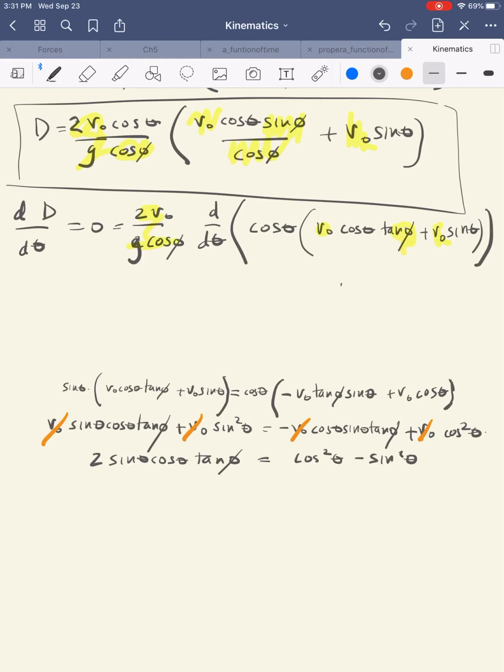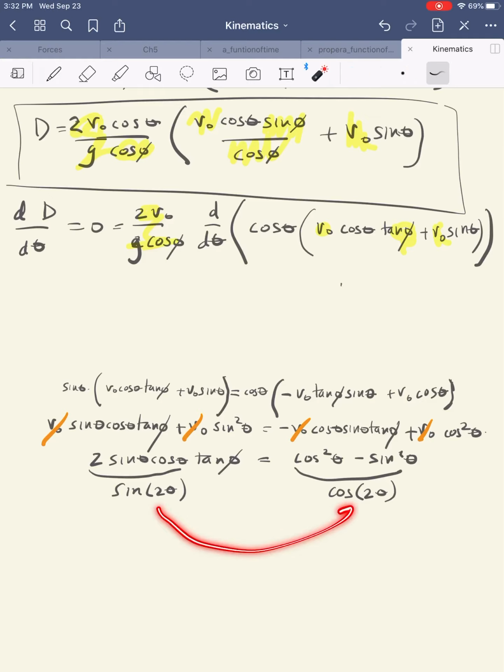Now cosine squared theta minus sine squared theta can be written as cosine of 2 theta, trig identity, and 2 sine theta cosine theta can be written as sine of 2 theta. So what I'm going to do is bring this over here and divide, and I'll get tangent of phi equals cotangent of 2 theta, which is cos divided by sine.